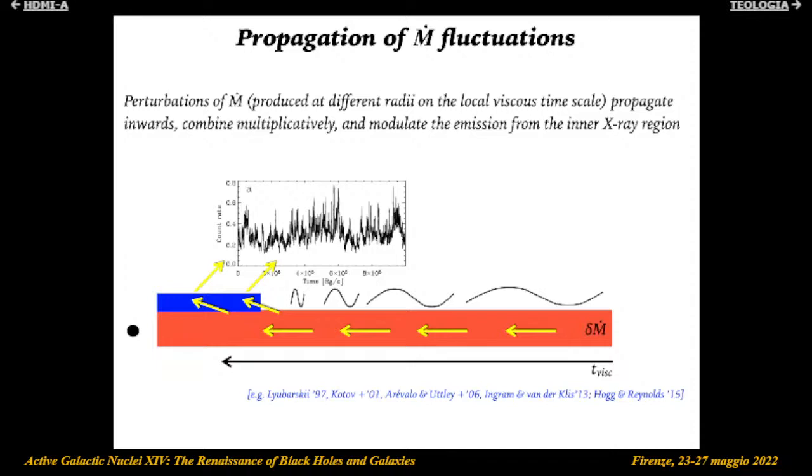So this model is a model of propagating mass accretion rate fluctuations. Basically, what the model assumes is that perturbations in the mass accretion rate are produced at any radius on a wide range of timescales, but only those timescales that are longer than the diffusion timescale can propagate down and influence the variability produced at smaller radii.